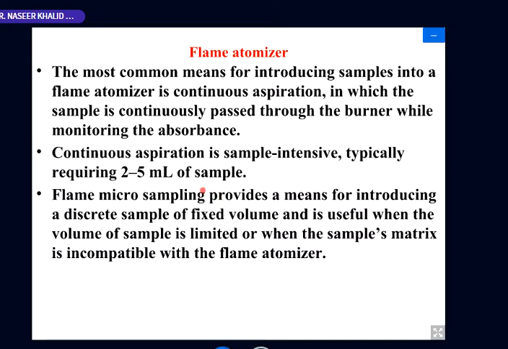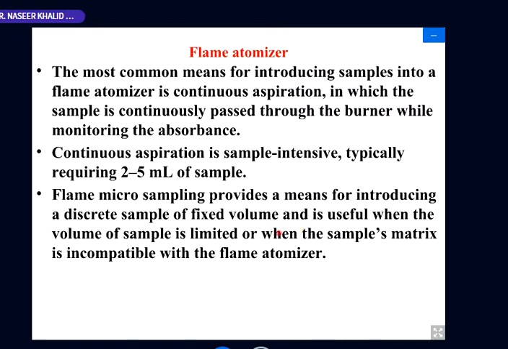Flame microsampling is a special device in which we use a microliter quantity, for example 100 microliter or 50 microliter. That 50 microliter quantity is injected, and we get a discrete peak, since a fixed sample volume is used.